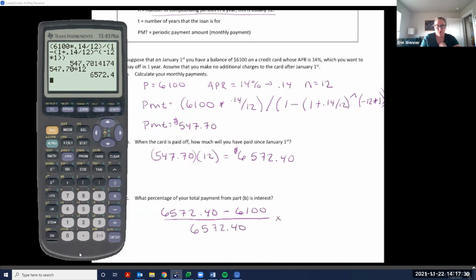And then of course the old multiply by 100 part on the end, because we want to convert it to a percent. So go ahead and do that calculation and let me know what you get to the nearest whole percent, or the nearest 100th of a percent.